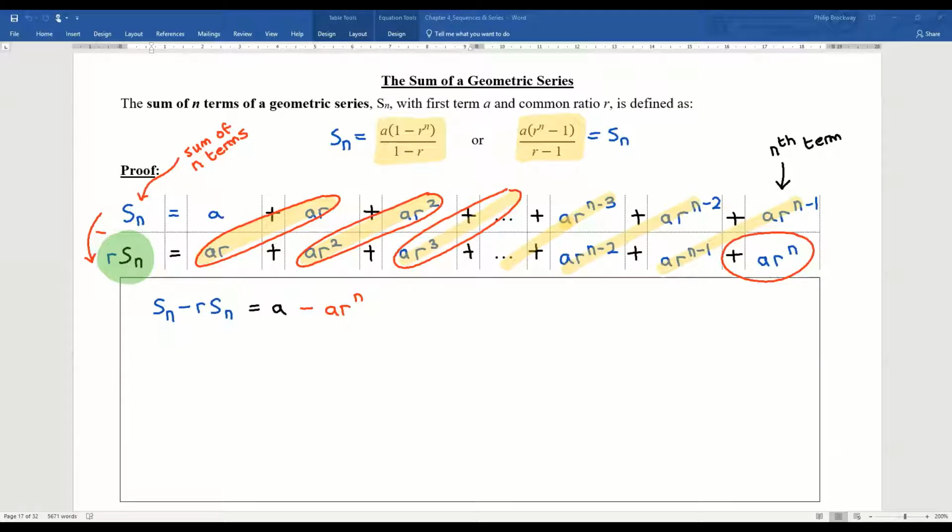And just make a note what we've done here. I think it's important. So we subtract the second row from the first row.